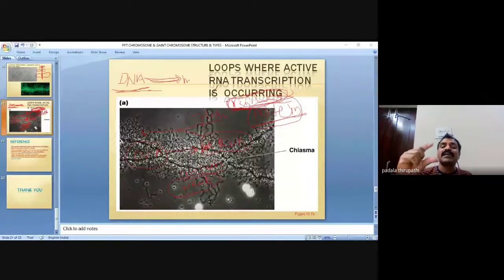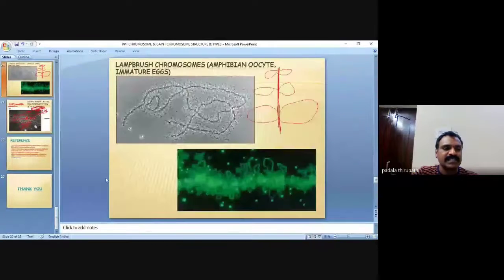B chromosomes are identified only in plant species, not animals or human beings, but only in lower organisms like Bryophyta, Pteridophyta, gymnosperms, along with grasses like the Gramineae or Poaceae family, the best example being maize or corn plants. So this is about the special types of chromosomes. If you have any doubt, please ask me. This is the time for your questions or queries.